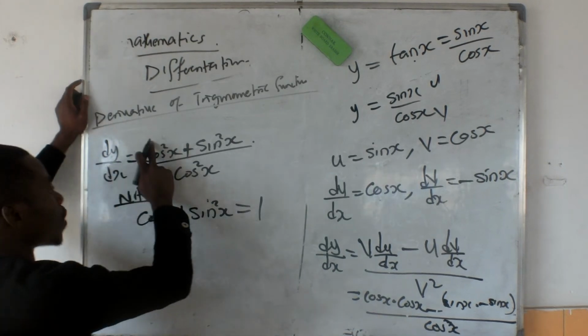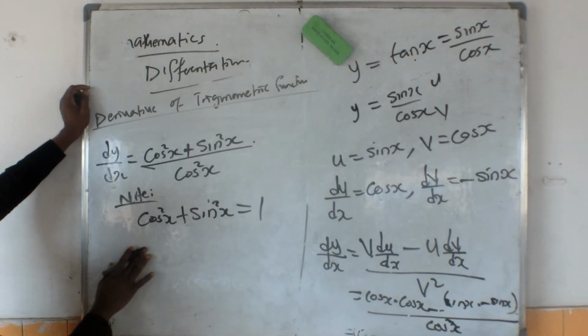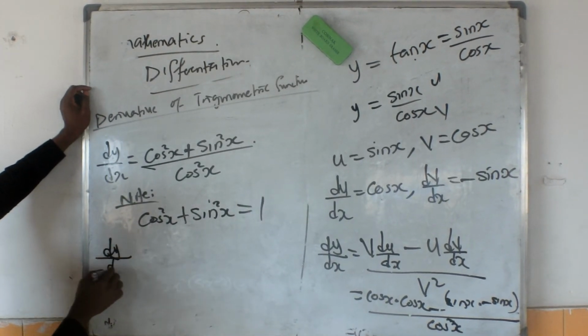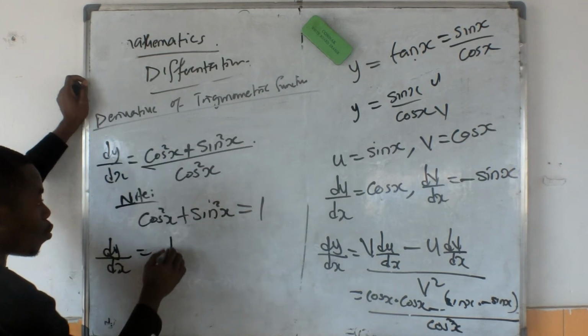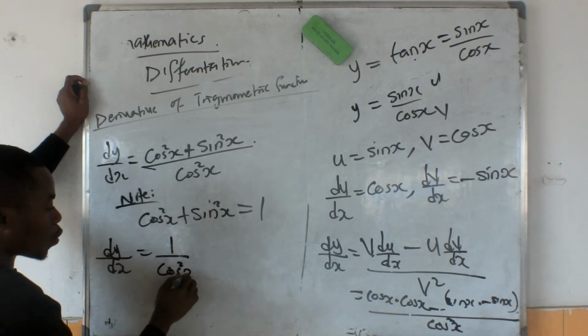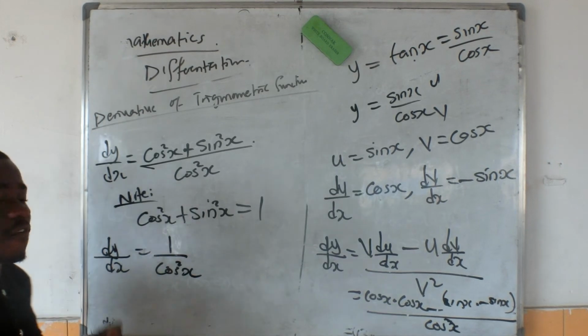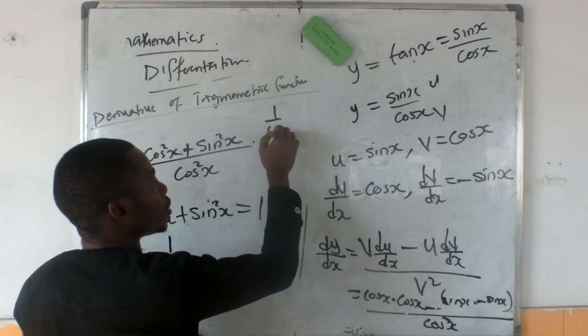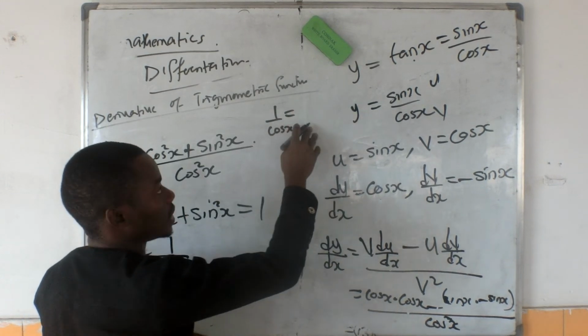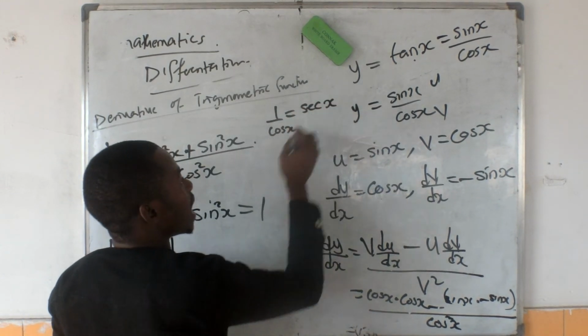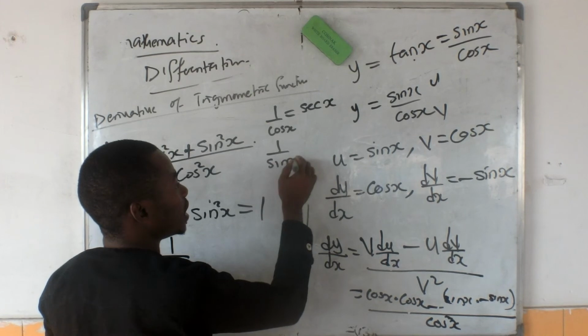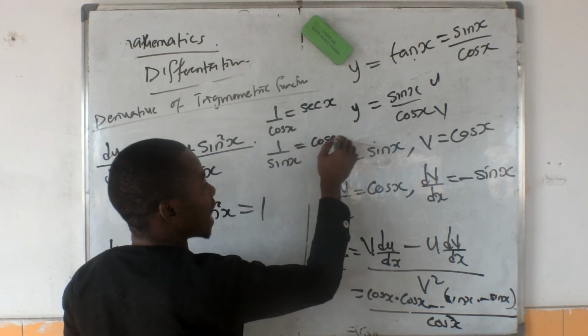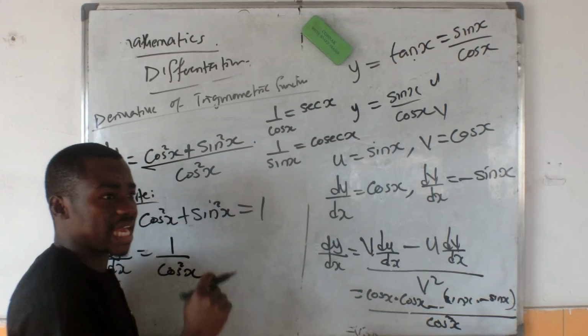So that means cos squared x plus sin squared x is 1. So you have dy/dx equal to 1 all over cos squared x. And don't forget that anytime you have 1 over cos x, it is the same thing as sec x. And anytime you have 1 over sin x, it will give you cosec x, not cos, cosec x.